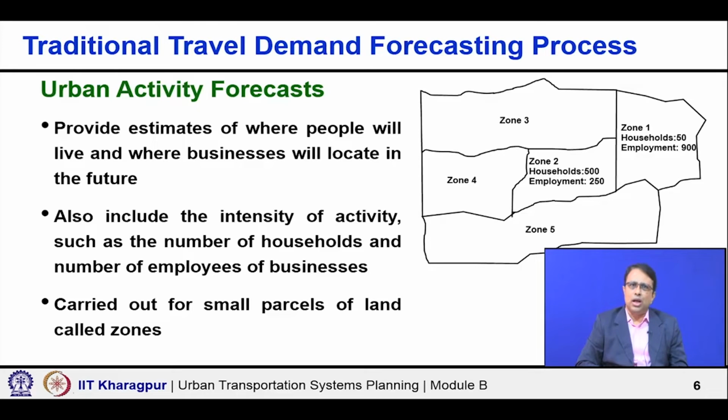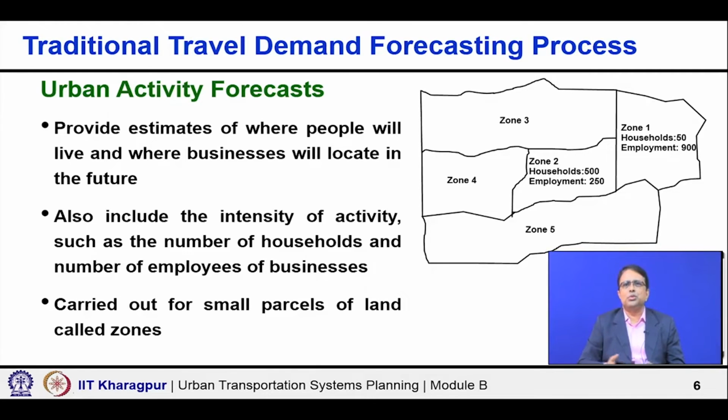Urban activity forecasts provide estimates of where people are expected to live and where business will locate in the future, because we are going for forecasting. Forecasting means future. So, we need to know the future land use and in particular the future activities, how the distributions will happen. Maybe the development authority has a certain plan that certain areas they want to develop as residential areas, right.